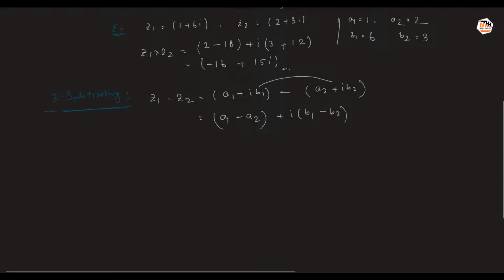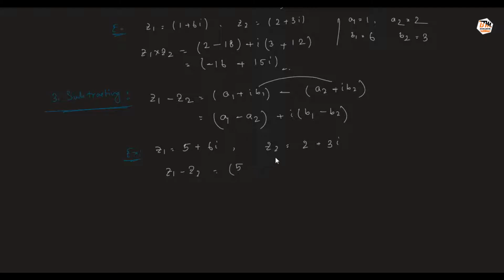So now we take an example for subtracting. You can take z1 equal to say 5 plus 6i, and z2 equal to say 2 plus 3i. Now if we subtract z1 minus z2, it is a1 minus a2.